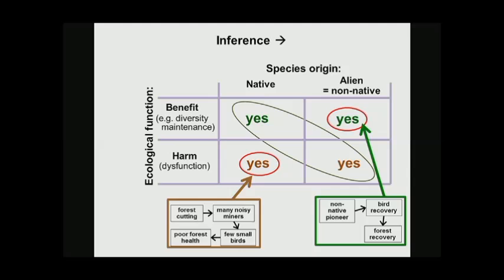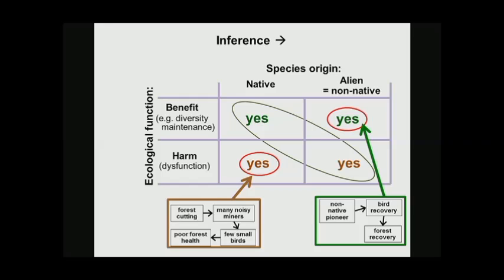Using selected examples, I can now complete this matrix by saying, yes, there are some cases where non-native species can be beneficial, and yes, there are some cases where native species can be harmful. We see non-native species being beneficial in cases where humans have trashed the landscape and we're wondering how to restore it.